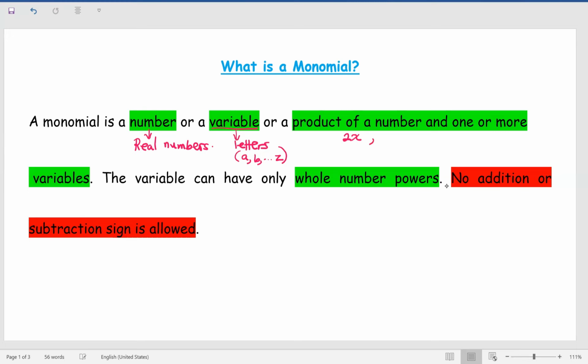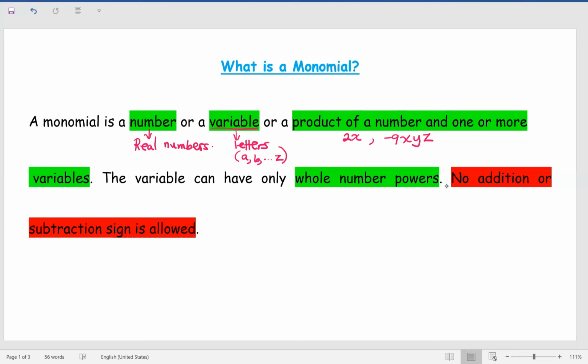Or it can be, let's say, negative 9xyz. You understand that? So this means that it can be one variable or more variables. Remember, when we say variables, we mean letters of the English alphabet. Let's say A, B, C, D, up to Z, like that.